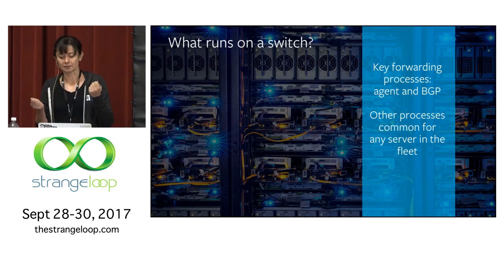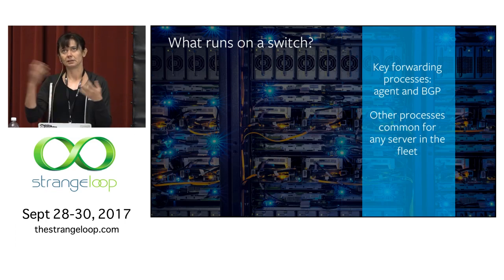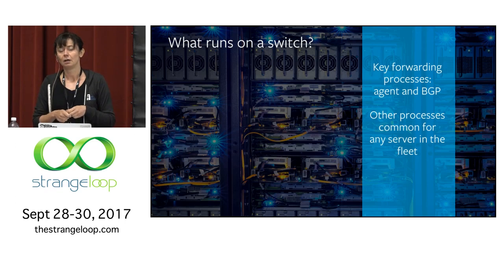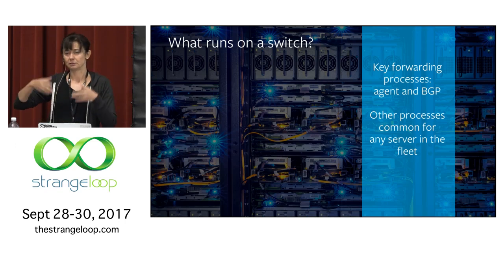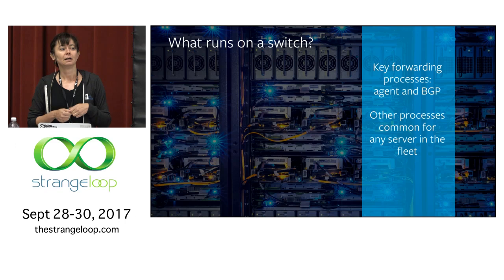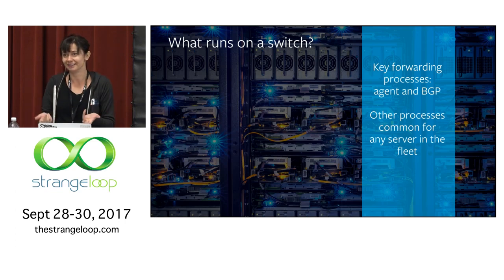But if you take a step back, you might notice that when I have a service that needs to make RPC calls to some other service in presumably some other rack, I need to have network that's working. And now you're telling me that network is a service as well and also needs Thrift and RPC to function.